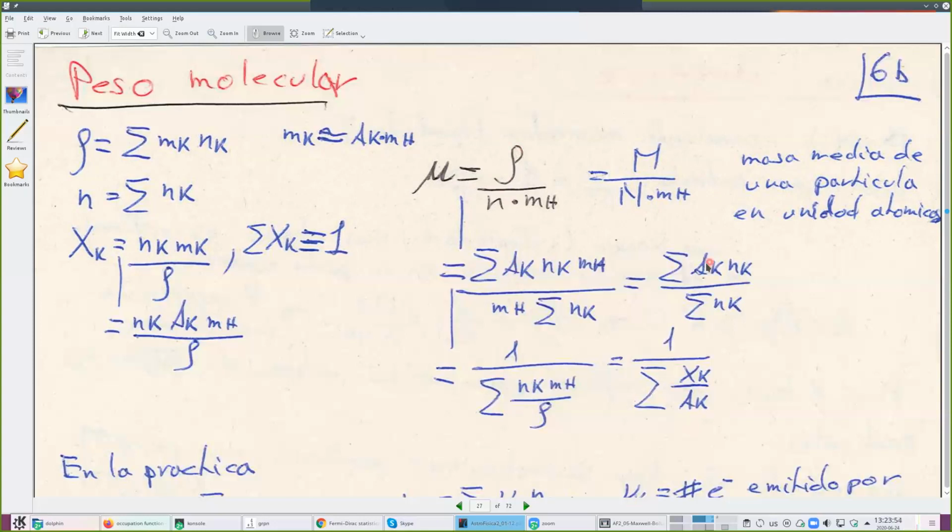Here A_k is the mass number of the particle, and X_k is the mass fraction of the particle.